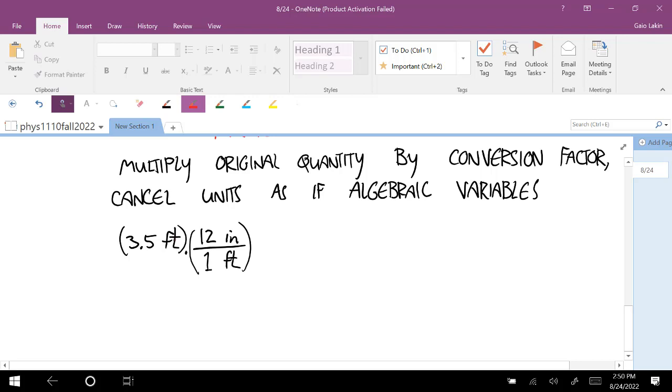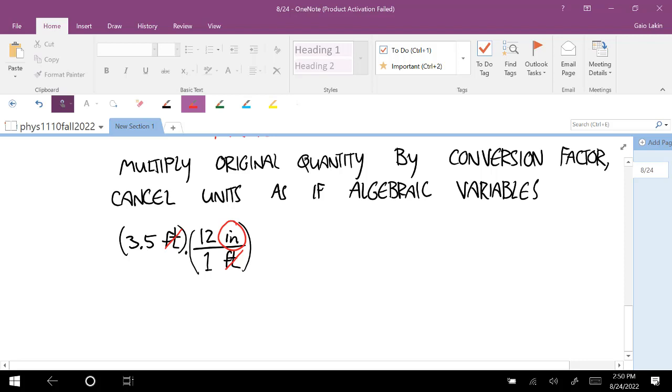These feet, if we think of them as obeying the rules of algebraic variables, so feet in the numerator here cancels feet in the denominator here. And the units we have left are just inches.